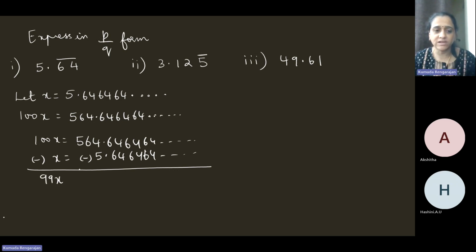After the decimal point, 646464 here and 64 here, so it is 0. Now 564 minus 5 is 559. x is equal to 559 by 99.